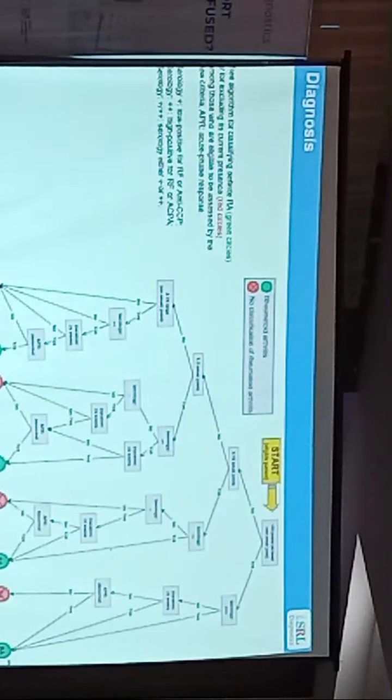If RA factor and anti-CCP are positive, you are dealing with RA, rheumatoid arthritis. If the serology is negative, you ask whether the duration is more than 6 weeks or not. If yes, it is probably RA. If the duration is less than 6 weeks, then you ask for the acute phase reactants. If positive, it is probably RA.